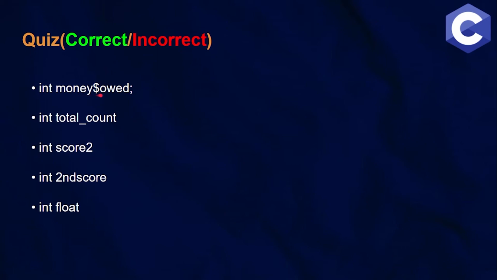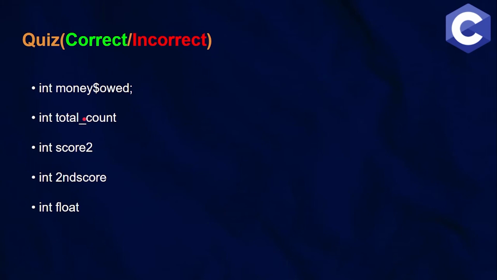The first one uses a special symbol, dollar, which is not accepted in C. So this will not be a correct one for naming your variable. Here we got total count. Total count starts with T, which is acceptable in C. And here it has used underscore.